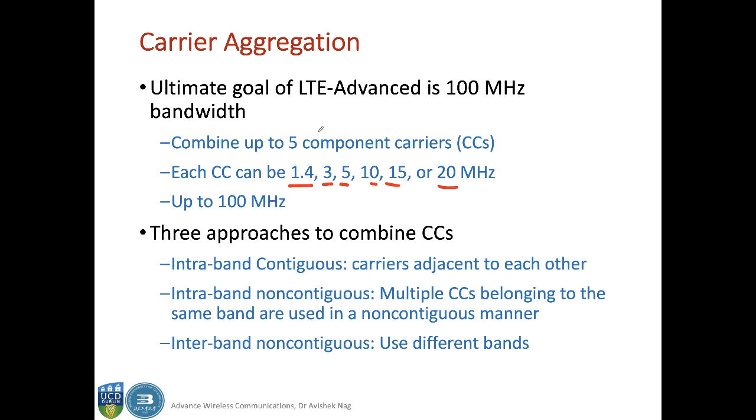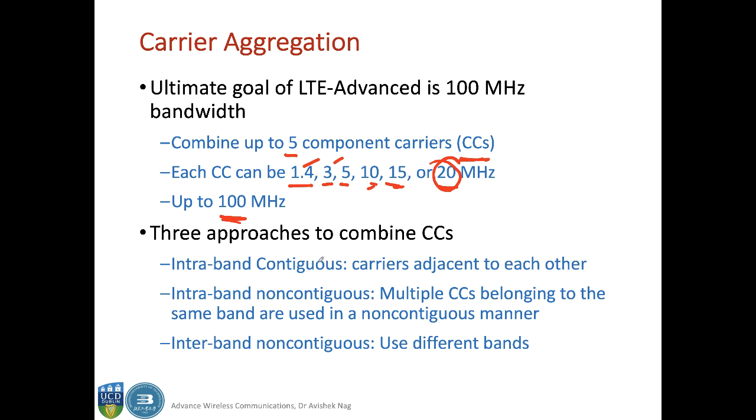So you can combine these to make combined carriers, or sorry, component carriers. So these are the component carriers to form a combined carrier up to 100 megahertz. So if you combine 5 of these 20 megahertz carriers, then you will have 100 megahertz bandwidth.